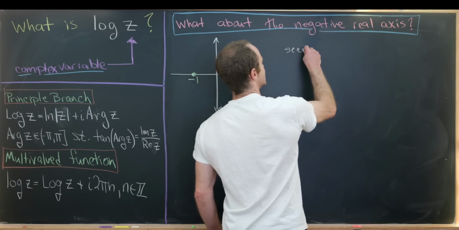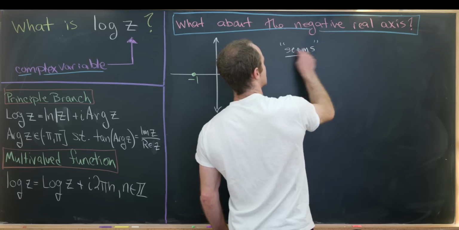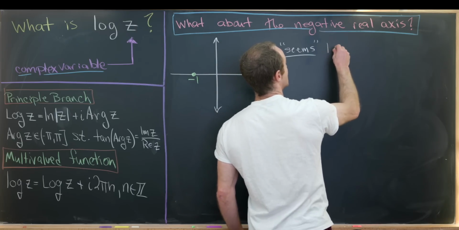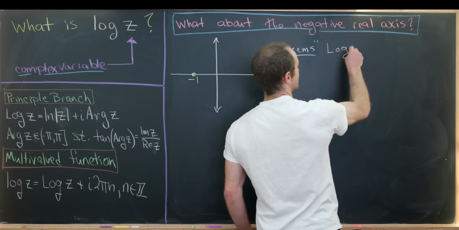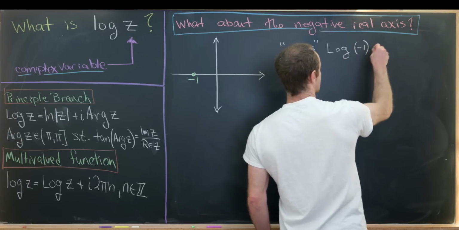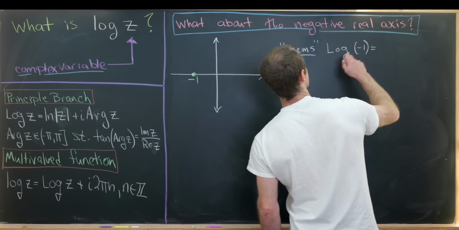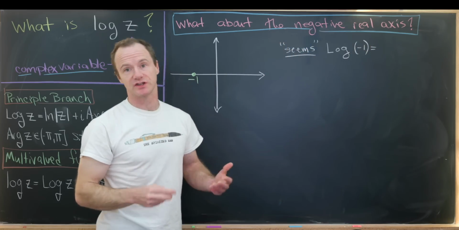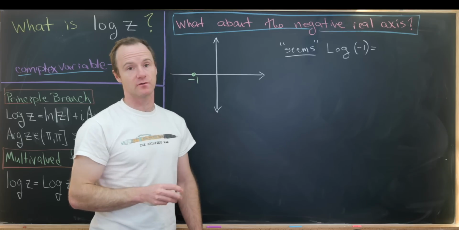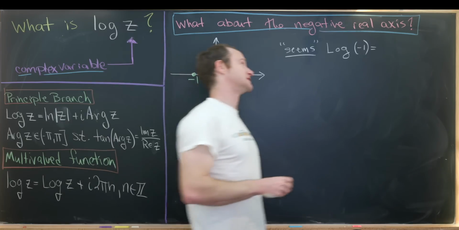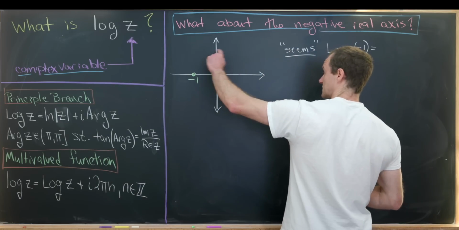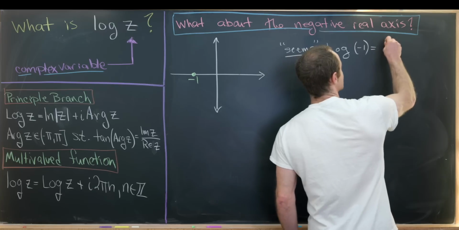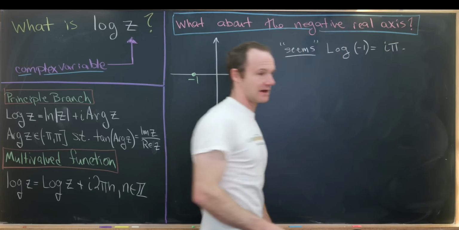What it seems like, though this is not what it is, is that the principal branch of the log of -1 should be equal to the natural log of the modulus, or the absolute value of -1, plus i times the argument. The argument here is most definitely pi, so maybe this should give us i pi.